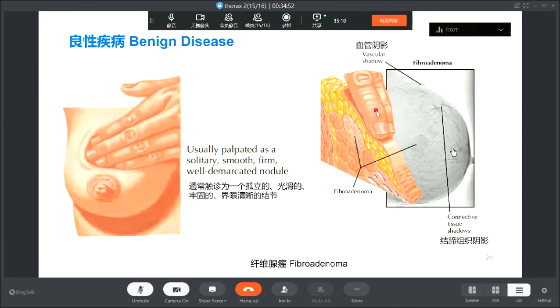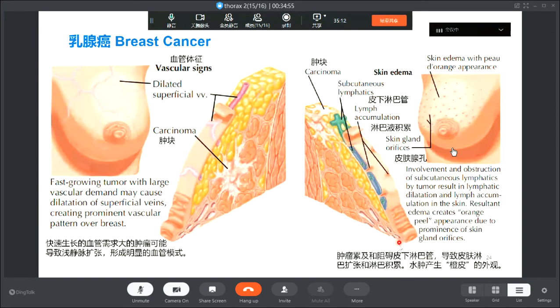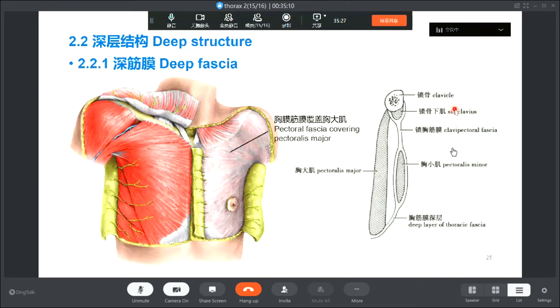Okay, and you must remember why our breast can be examined through this side.